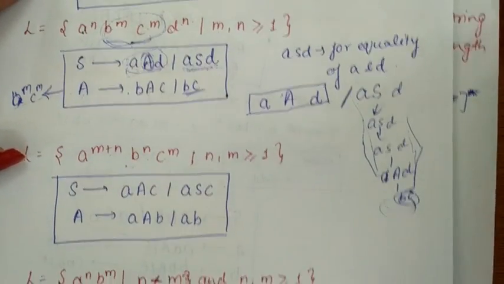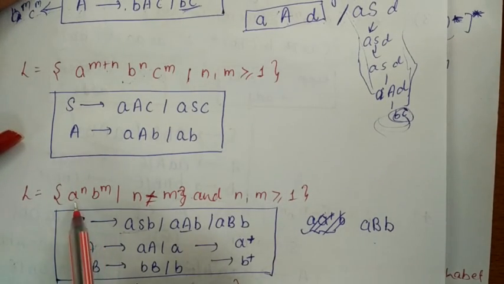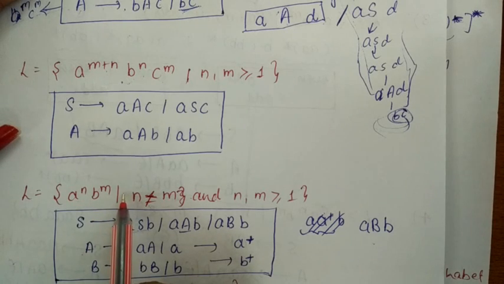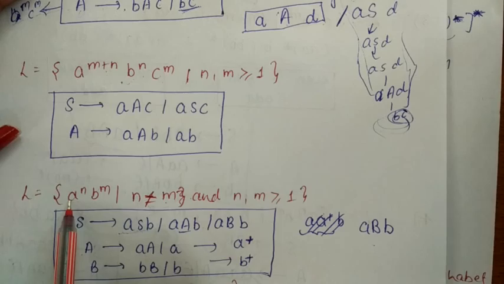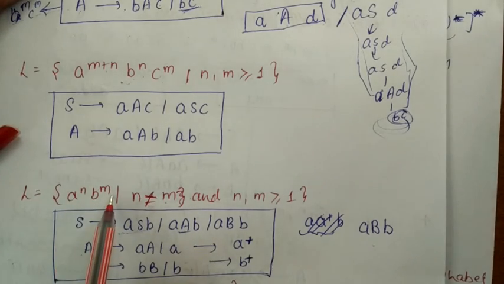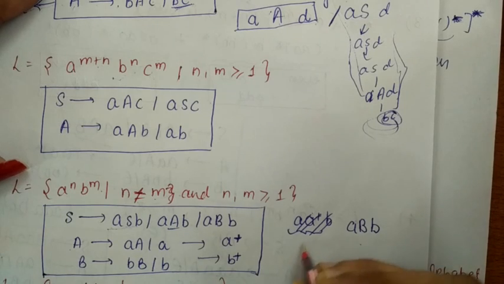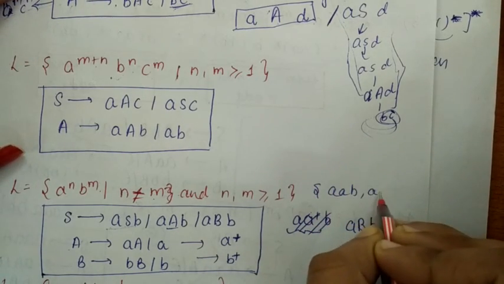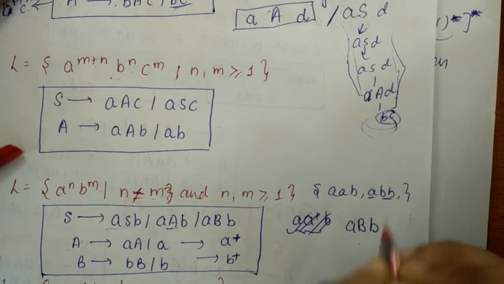Now the next problem is this. In this case we have a to the power n and b to the power m, and n should not be equal to m, means either a should be greater or b should be greater. Means we have to generate the string in which a should not be equal to b.